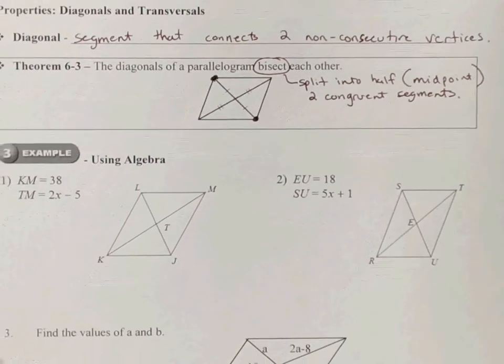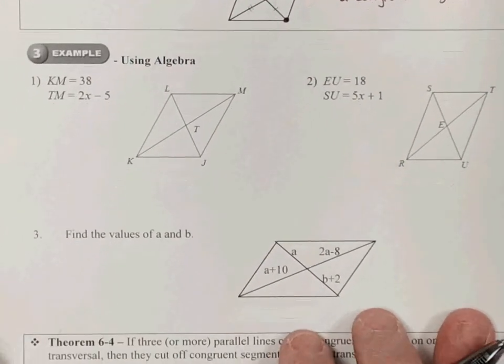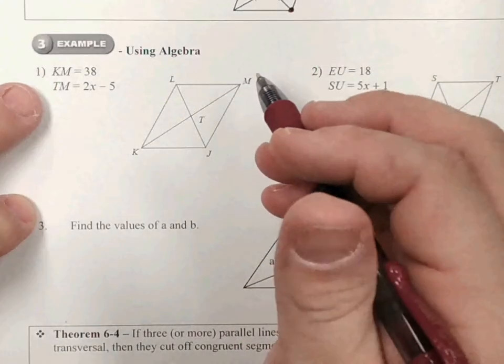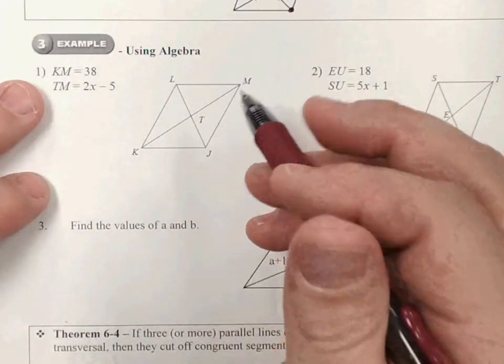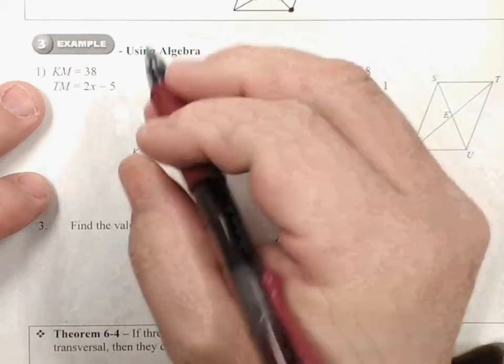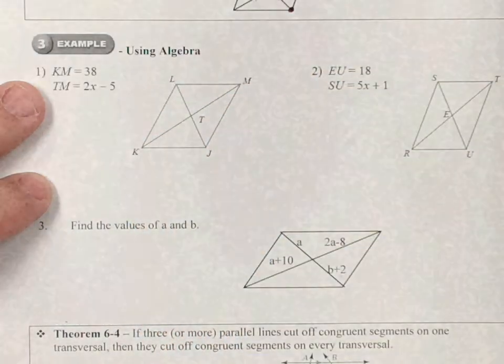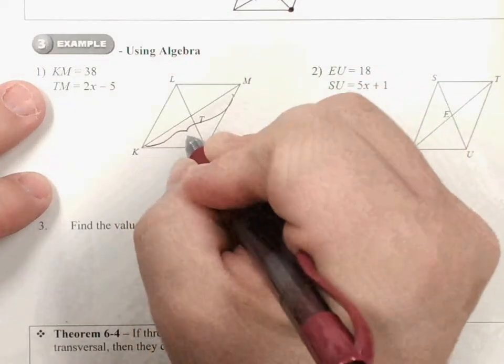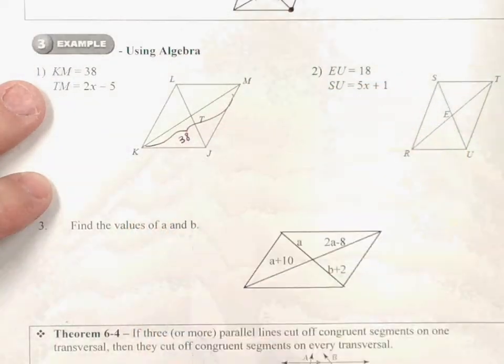Alright, so let's move on. Let's see if we could do some math with this. As always, label your figure. We know that KM is a diagonal of this parallelogram. KM is equal to 38 units.